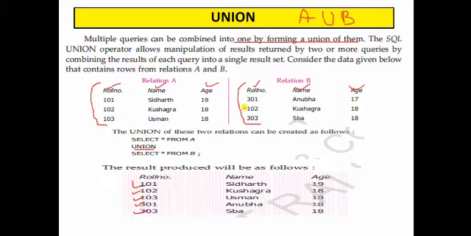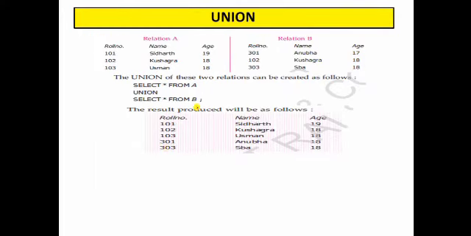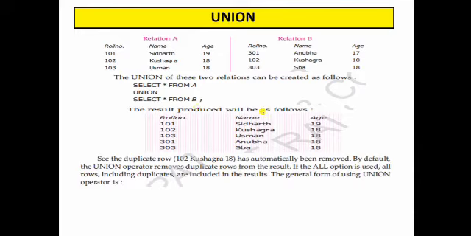Now if you see, this row is in table A and B both. If you observe the result carefully, there is no duplicacy. That means by default the union operation removes the duplicate row automatically.